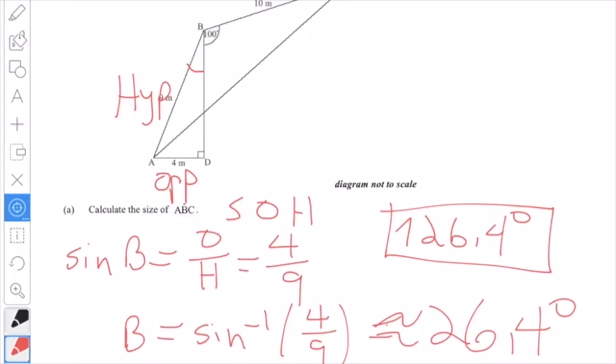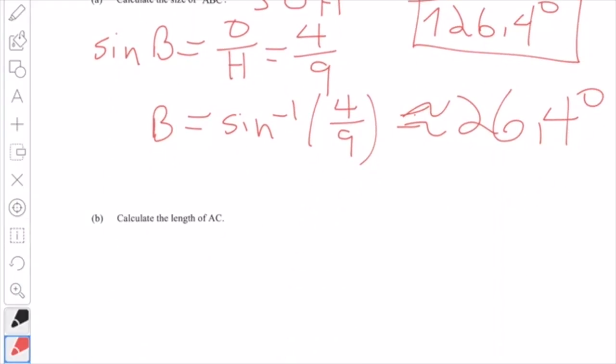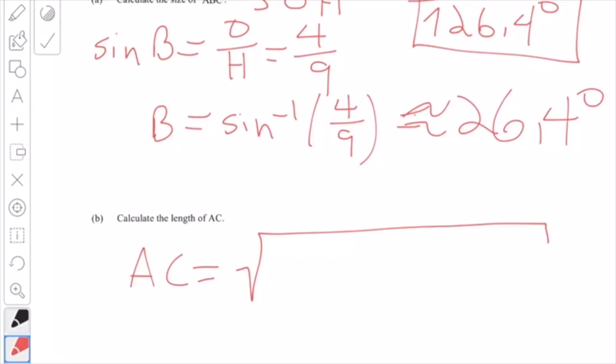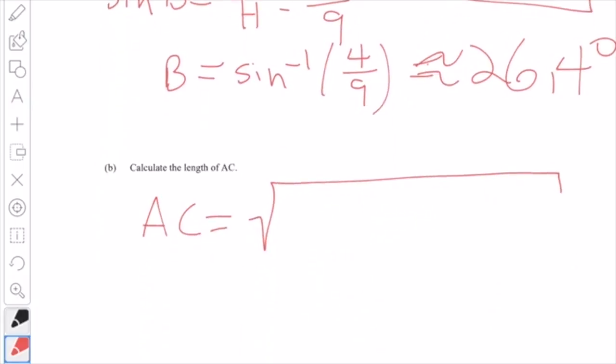So 126.4, 10, and 9. So the length is like Pythagoras, that the calculation we're going to do is the square root of the sums of the squares. Okay, so AC is going to equal to the square root of the sums of the adjacent sides of that angle at B. Okay, so we said that was 10 and 9.